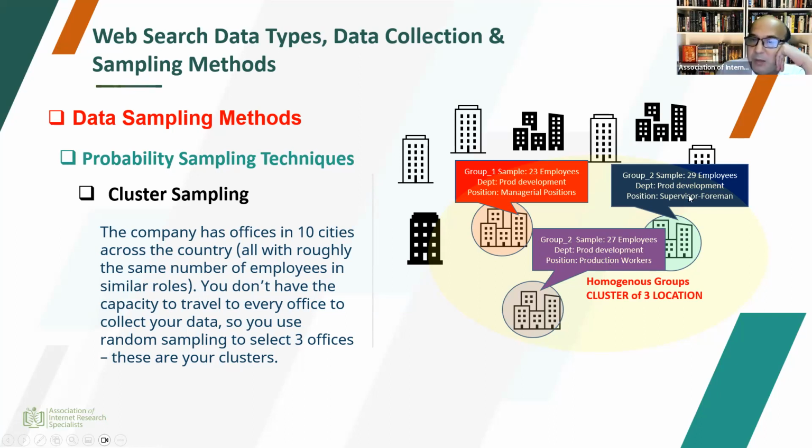In group three, supervisor or foreman position. So there is the cluster that you created here. And from this cluster, you could see that we have selected different positions of employees. But because the locations are different, we're calling it cluster sampling.